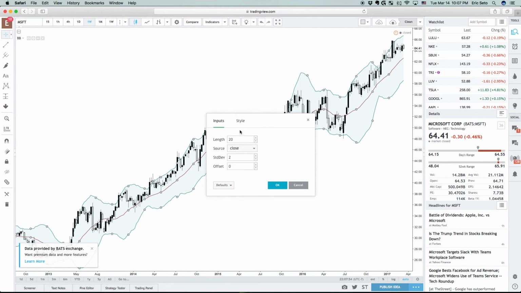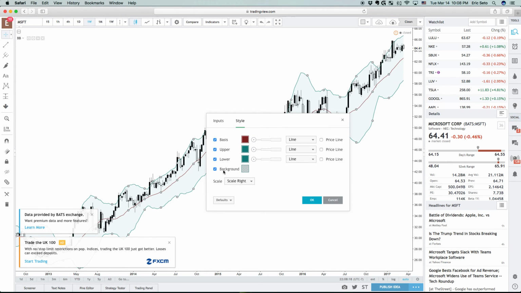So that should look like what you have now. The setting is 20, 2, which means the length: the indicator will look at the past 20 periods and calculate the standard deviation, which is the volatility, looking at the high and low, and so on. That's the standard calculation.